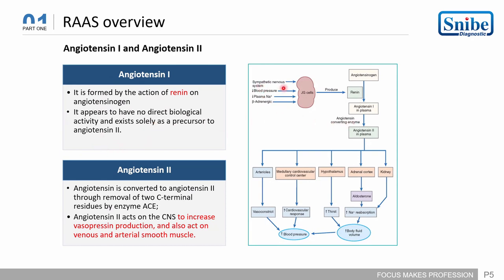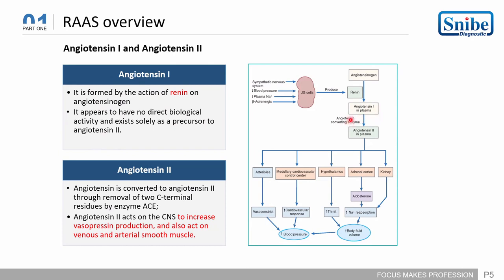Decreased blood pressure, decreased plasma sodium levels, and adrenergic stimulation via the sympathetic nervous system act on JG cells, and they produce renin. Renin plays a vital role in converting angiotensinogen to angiotensin 1 in plasma.